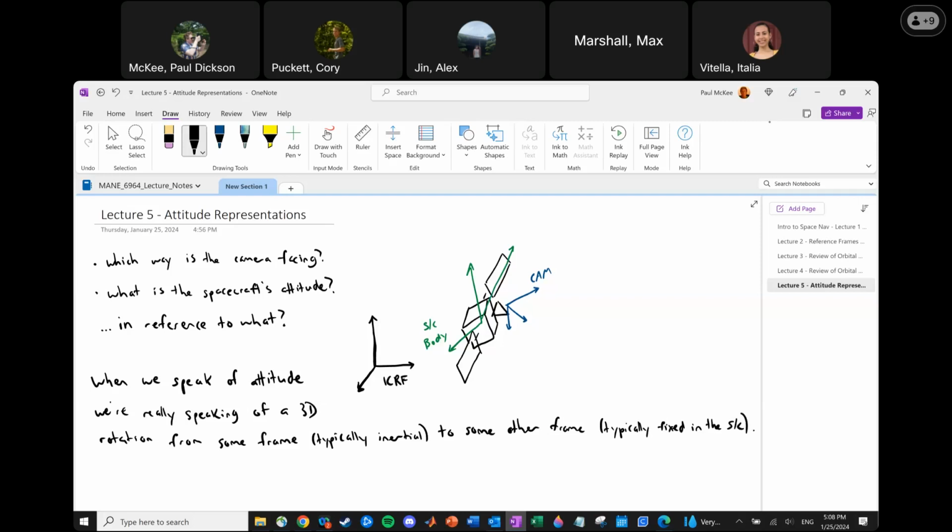Or it could be fixed in the instrument or whatever else it is, right?